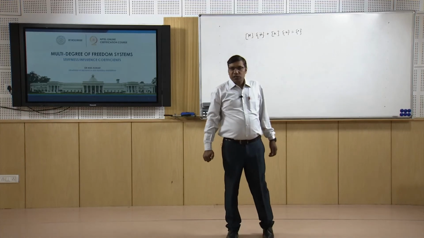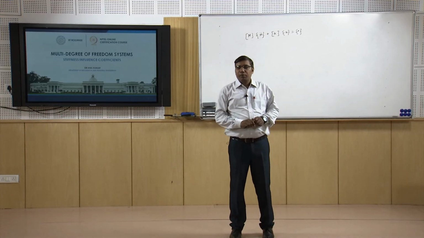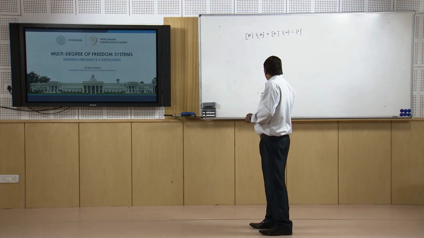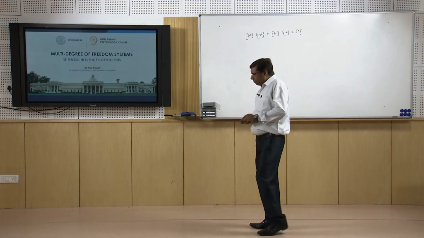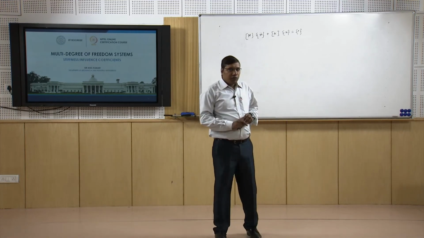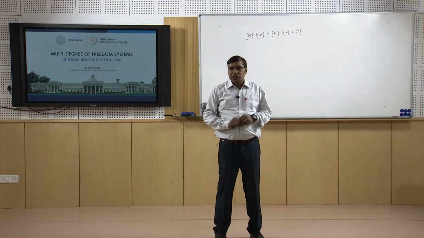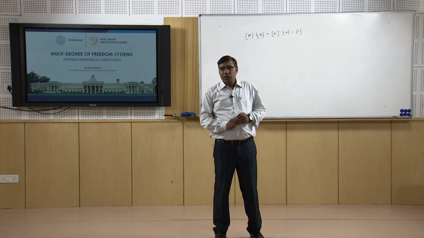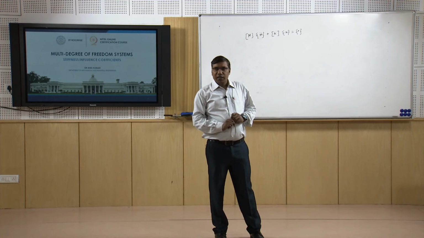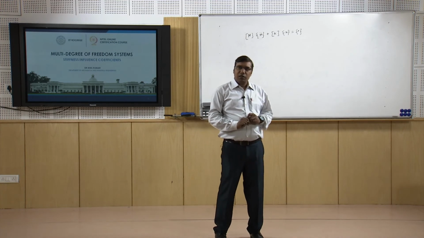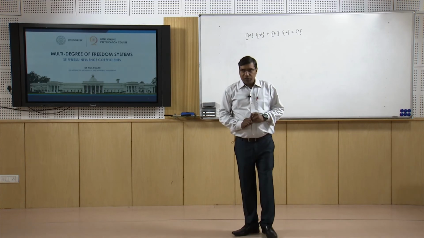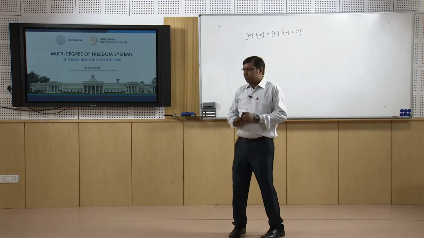So this equation is for an undamped spring mass multi-degree of freedom system. Now if we introduce damping in the system, we have the C1, C2, C3 terms, then one more matrix will come into this equation, and we call it the damping matrix.